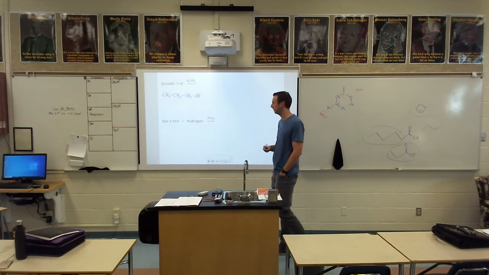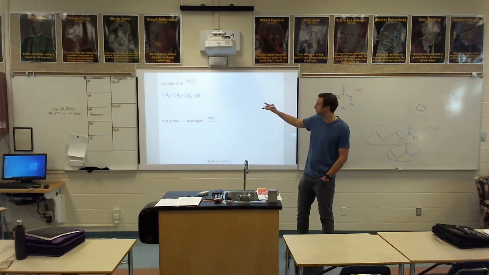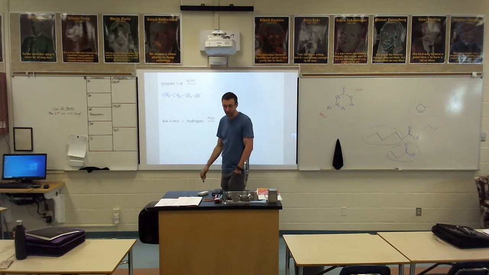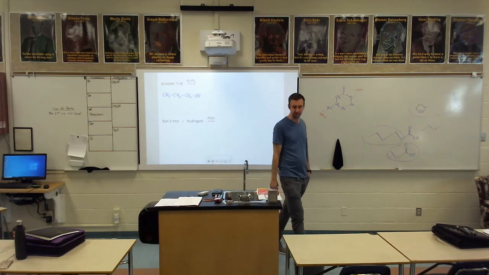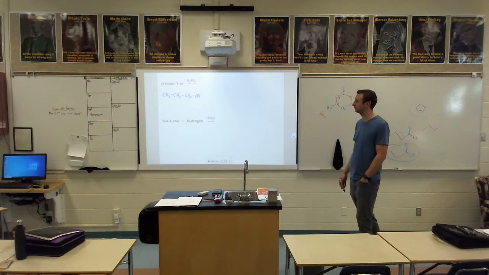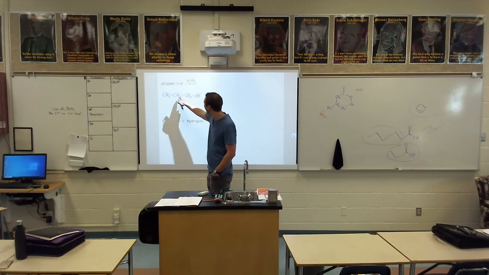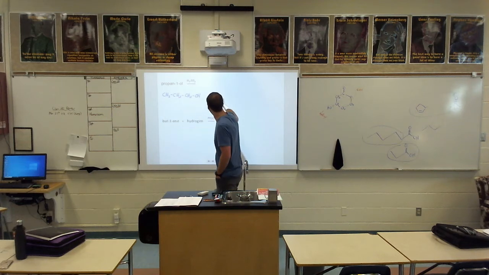So propanol would look like this for the structure. What would happen here is that this is going to be an elimination. The H2SO4 is a catalyst for elimination. So this OH and a neighboring hydrogen would leave to make a double bond.